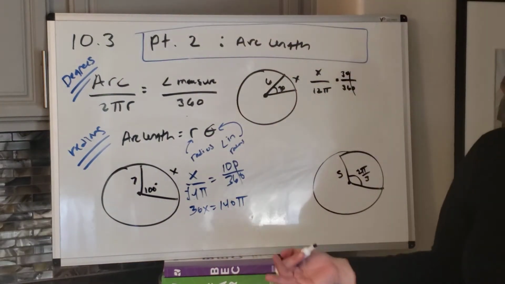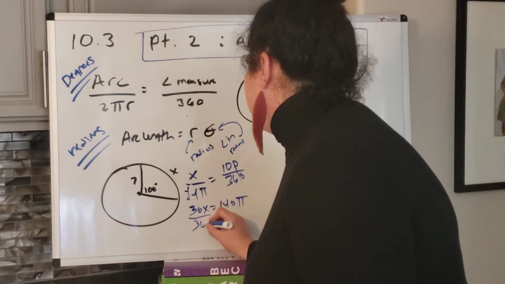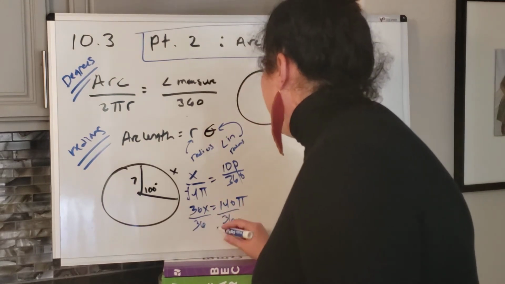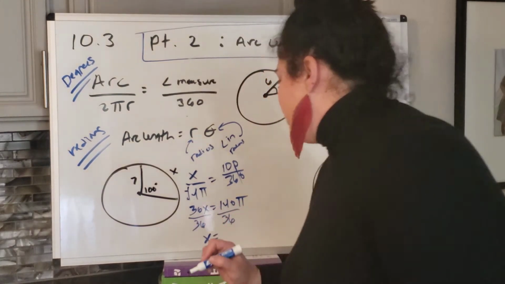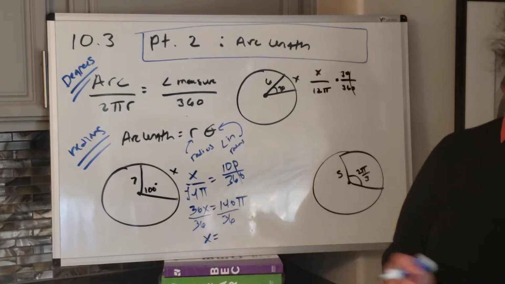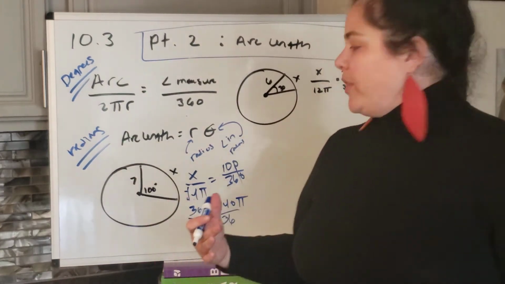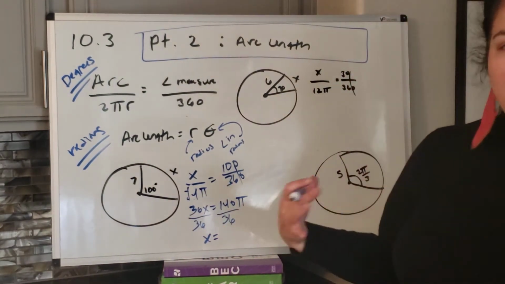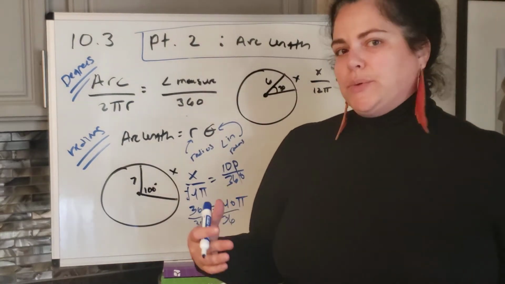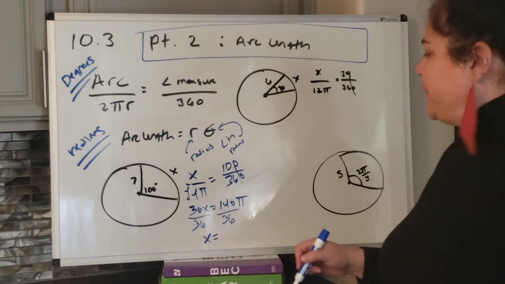Okay, and then from here I'm solving for x, meaning that I'm just dividing by 36. So I've got x is equal to 140 divided by 36, and we're going to want to reduce that fraction. Remember, don't plug this into a calculator. We don't want the decimal. We want the reduced fraction. And play with how you do that. Remember, guys, I like to take 2's out until I can't take 2's out anymore, and then kind of go on from there.